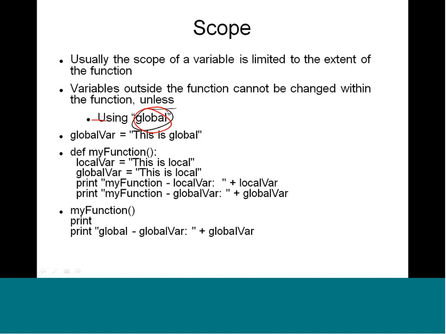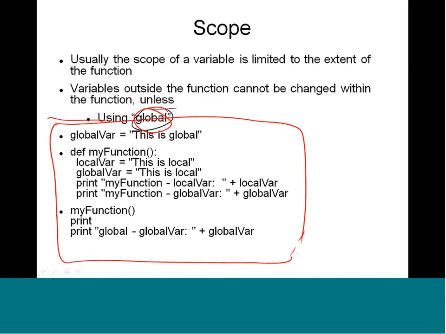So here is one example. This section is actually Python code. Let's review this one. Here I am declaring a global variable. It's called global var, and it's assigned a string, "this is global".